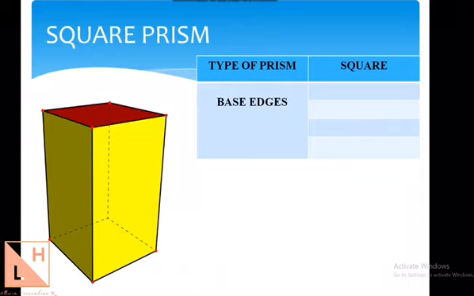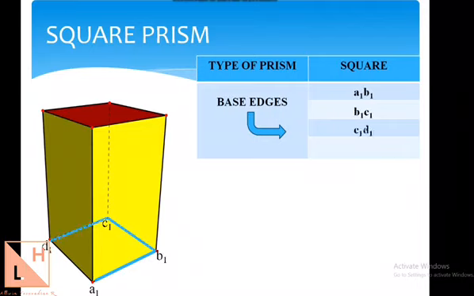The first edge is A1 B1, then we have B1 C1, then C1 D1, and then D1 A1. Since the base is made up of a square, you will find 4 base edges as listed here. And as I mentioned already, the same thing will repeat for a pentagon and a hexagon prism.